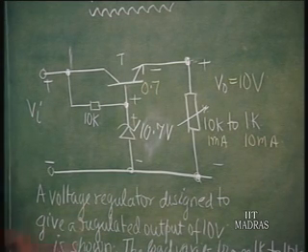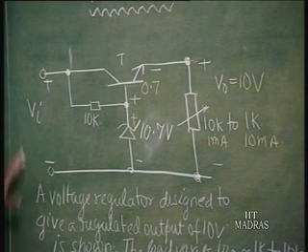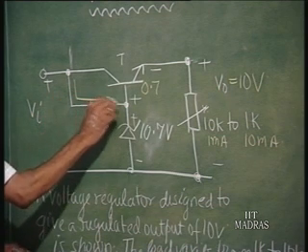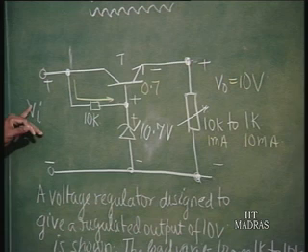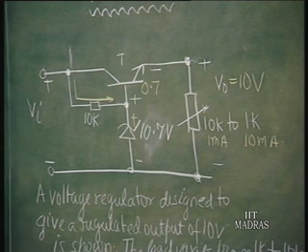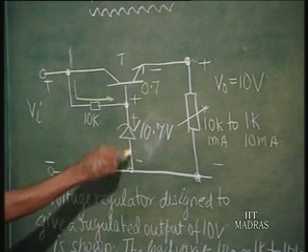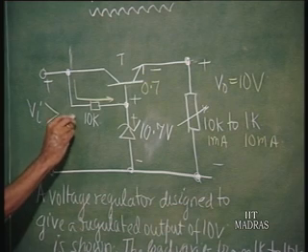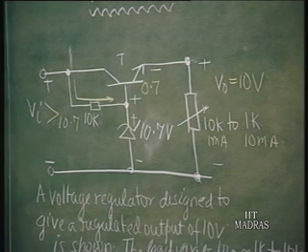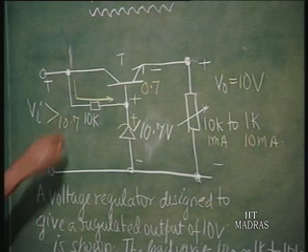It is a modest load. Now, as far as this bias current is concerned, it depends upon V I. Let us see what V I minimum should be. It is 10.7. So, V I should be greater than 10.7 by some amount, because there should be some current in this. Okay. So, let us assume this current is 0.1 milliamperes.